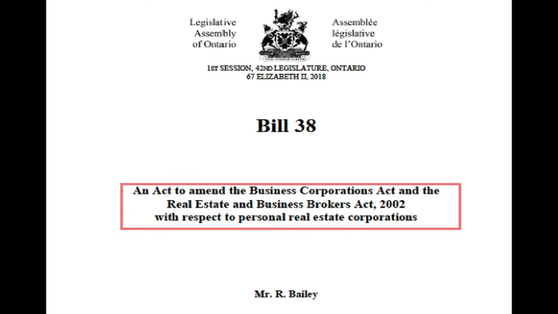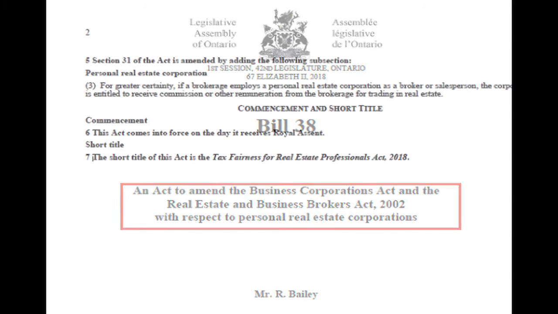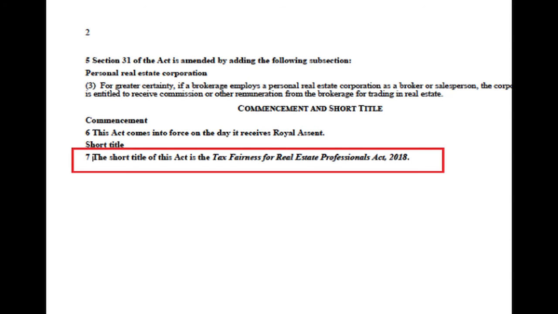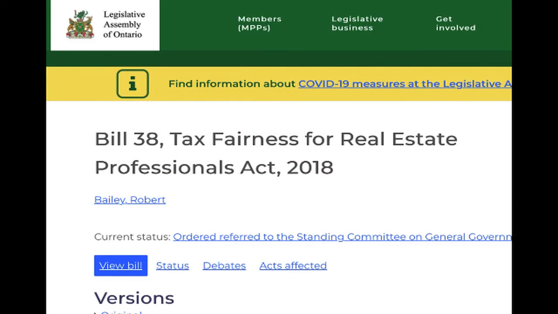Here we have Bill 38, a public bill. Note the long and convoluted full title of the bill. Within the text of the bill, we have a clause establishing the short title. This is the title that the public, including newspapers, will use, and is also the one normally used to index the bill.